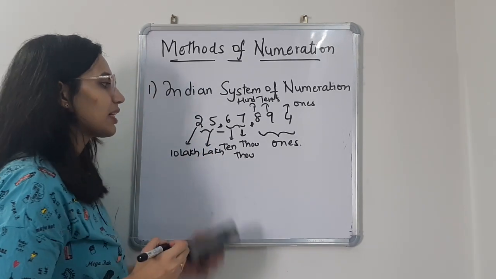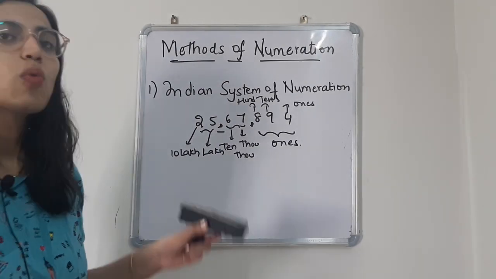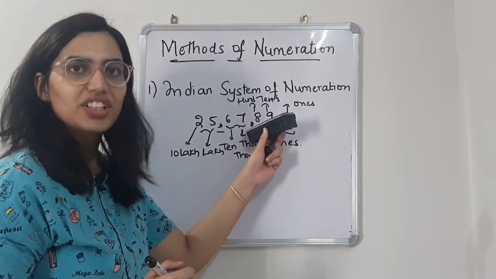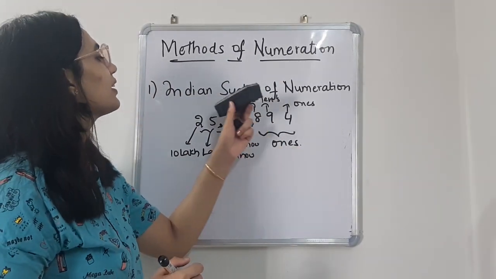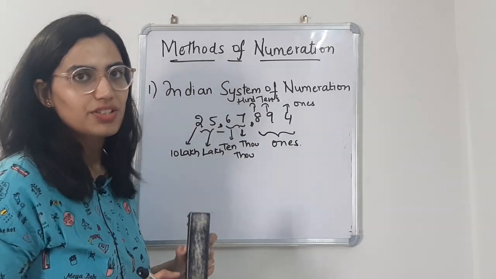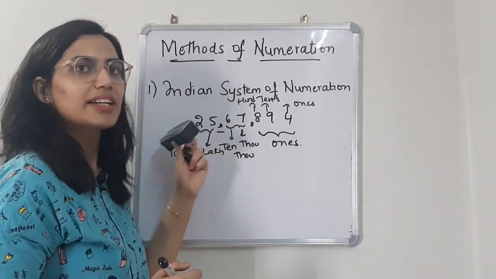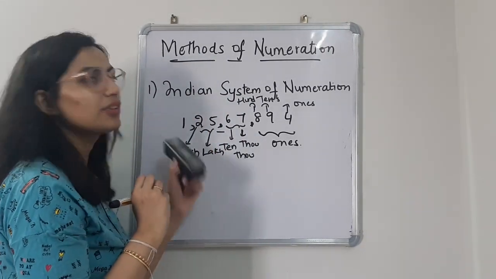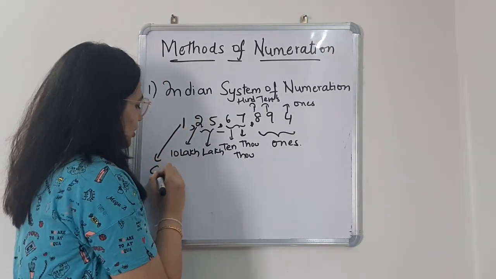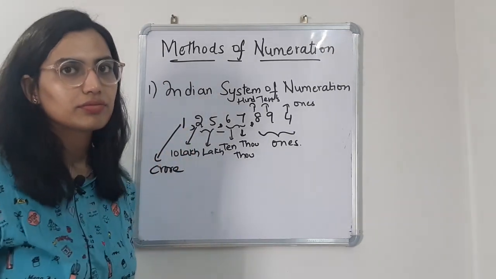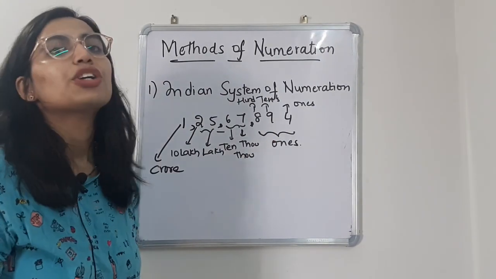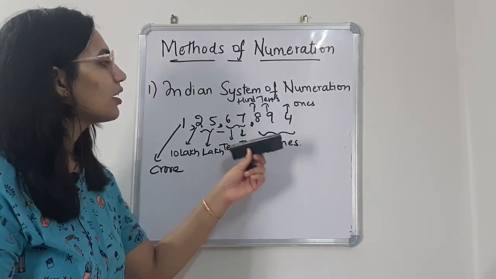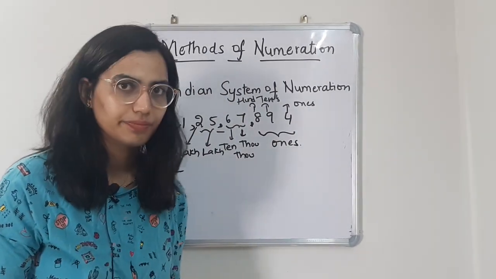So in the Indian system, what we usually do is start from the right, put a comma after 3 digits and then immediately put a comma after 2 digits. And again, if there are 2 more digits from the right hand side, then put a comma like this. And if there is 1 more here, we'll put a comma after 2 digits. And this will become crore. This is how you do the Indian system of numeration, which we use frequently in our country.